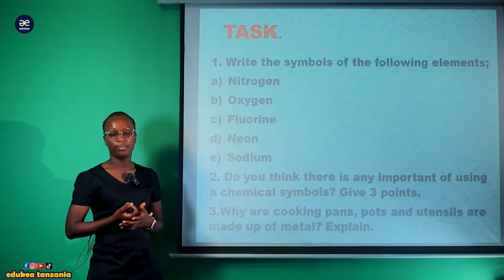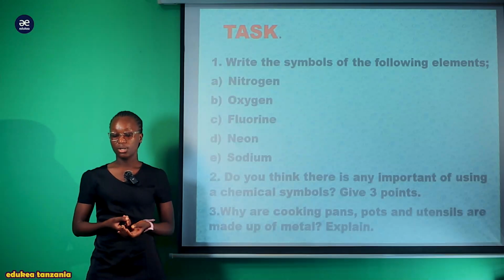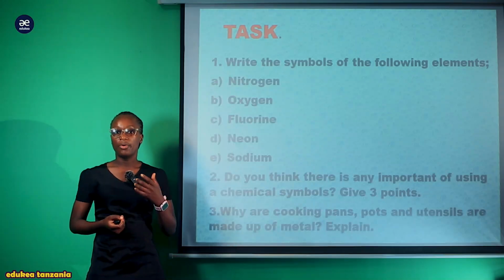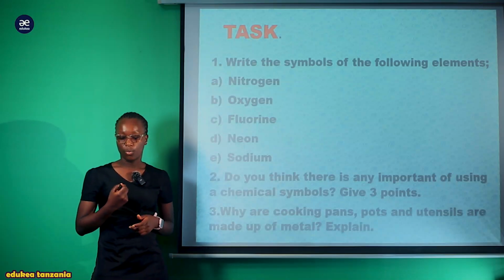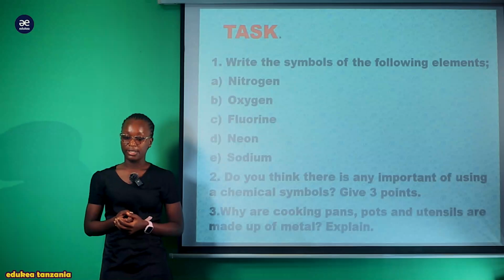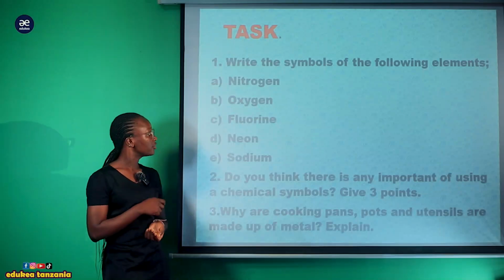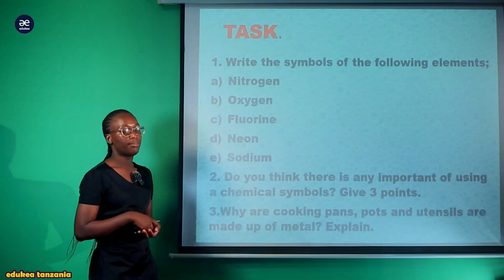The question is, write the symbols of the following elements: nitrogen, oxygen, fluorine, neon, sodium. You can't attempt the task without passing through the concept. So I hope you will listen carefully and then you will be able to attempt this question.